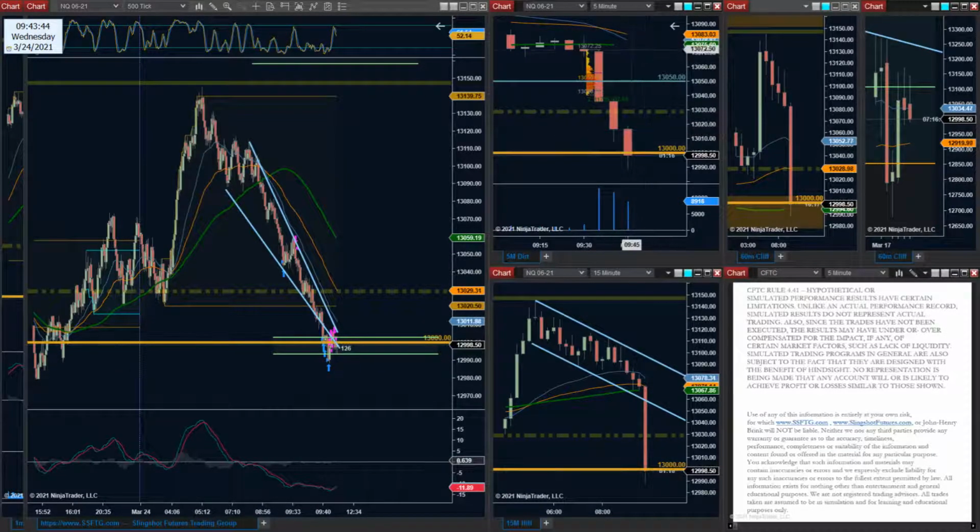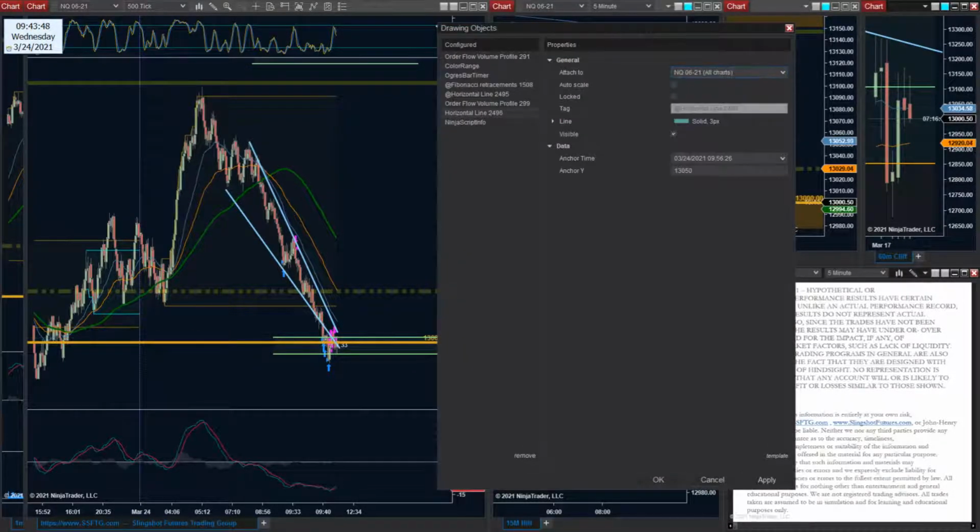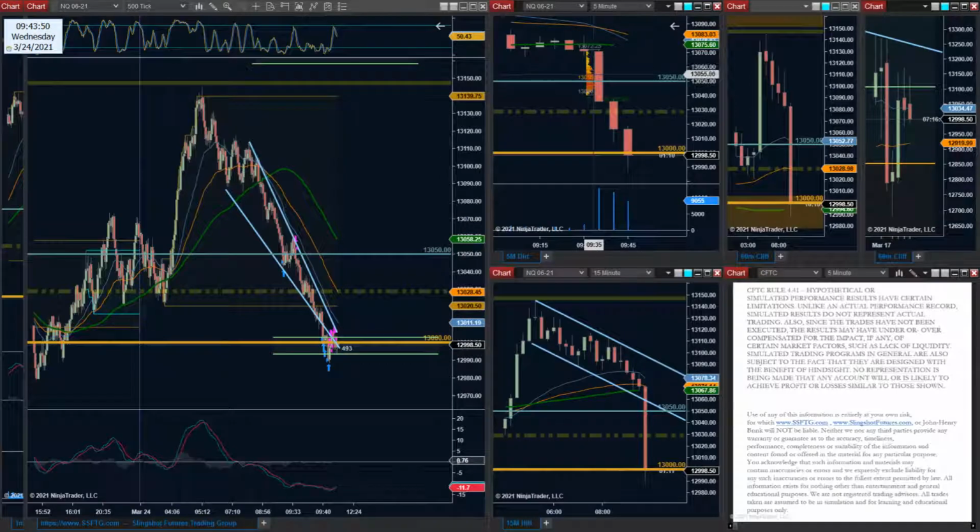13,050. That is the volume node for today on the NASDAQ. Market's getting hyper congested down here.